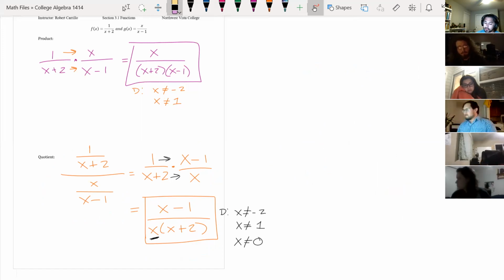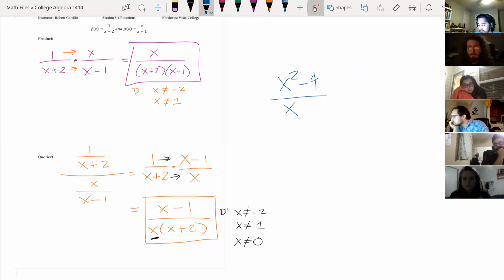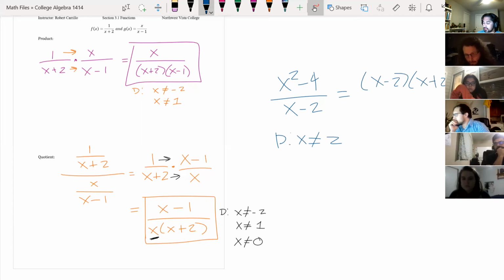Another way to put it is, let's say I had something such as x squared minus 4 over x minus 2. I'm just talking more about this little theorem, right? So we know that my domain is x cannot equal 2. If I factor this, I get x minus 2 times x plus 2 over x minus 2.